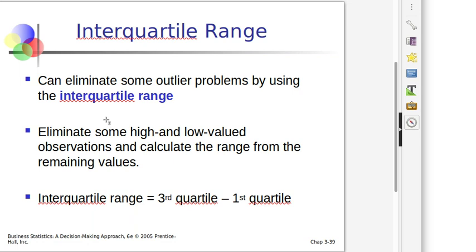It eliminates some high and low valued observations and calculates the range from the remaining values. So the interquartile range is equal to the third quartile minus the first quartile.